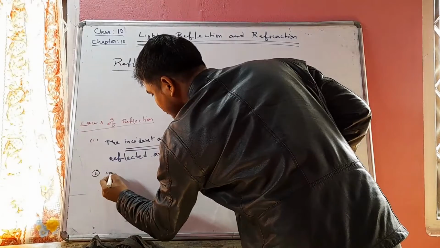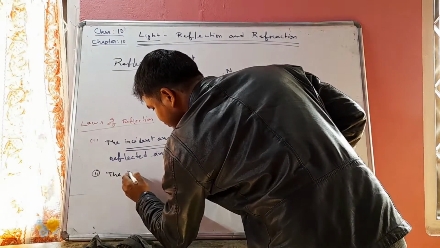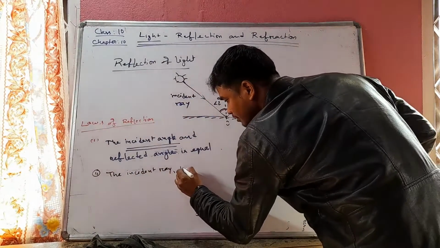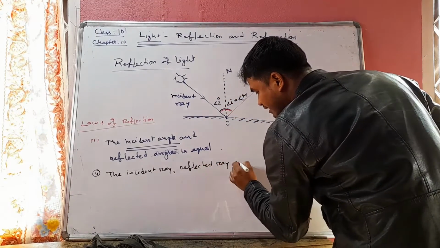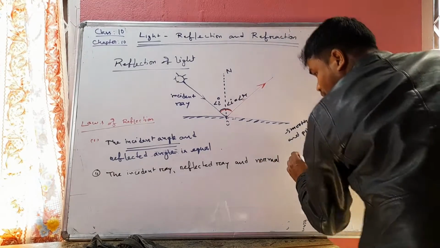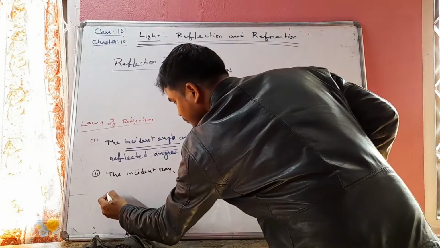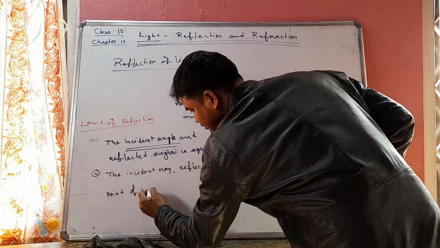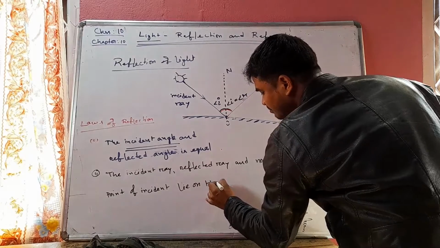Number two: the incident ray, reflected ray, and normal at the point of incidence lie on the same plane.